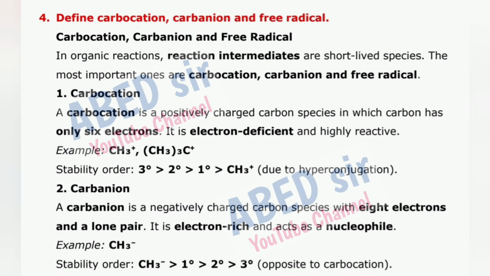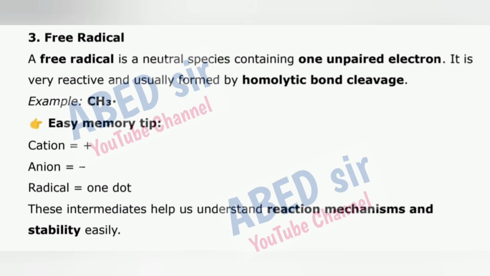Stability order CH3- > 1° > 2° > 3°, opposite to carbocation. 3. Free radical. A free radical is a neutral species containing one unpaired electron. It is very reactive and usually formed by homolytic bond cleavage. Example: CH3•.